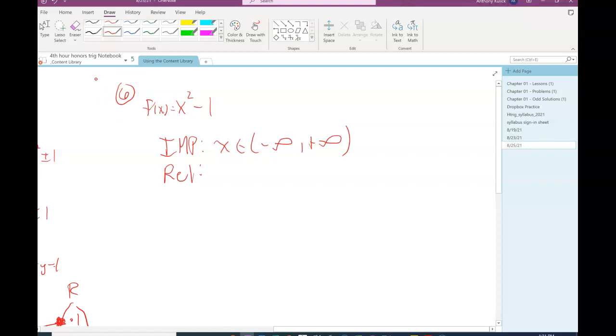So the operations involved are x squared, right, squaring, and subtracting. Subtracting of real numbers is always possible, right? You can always subtract 2 real numbers. Squaring a real number is just really multiplication of 2 real numbers. Can always do that. So the operations don't restrict the implicit domain any further, so it's going to just be the same as the relevant domain.